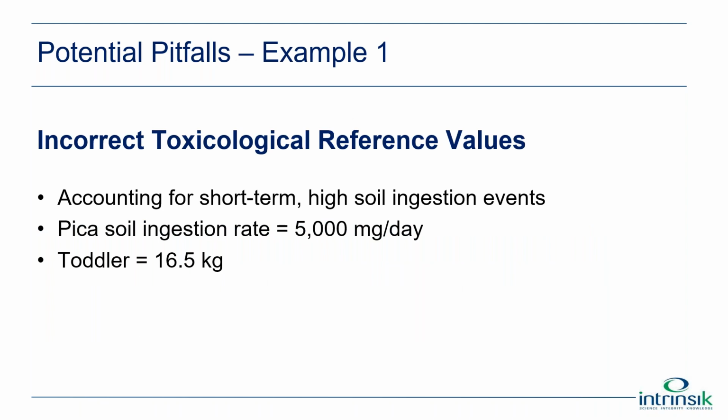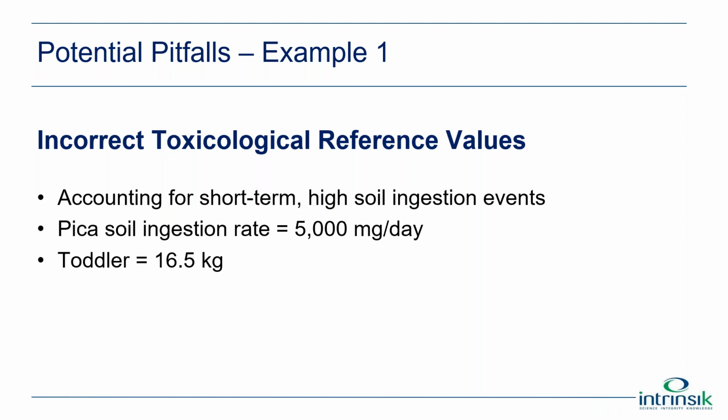Thanks. So the first example relates to an incorrect use of a toxicological reference value. When we're accounting for short-term high soil ingestion events, and by that I'm really referring to this pica event where you have a child who could in theory consume up to 5 grams of soil per day.